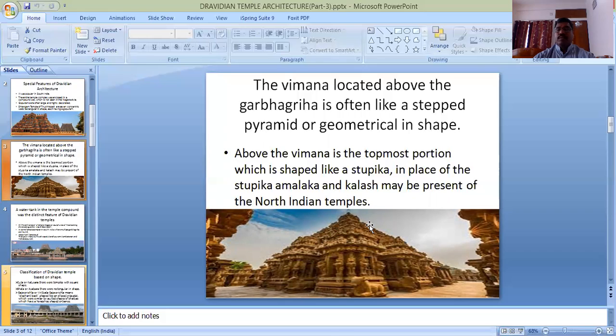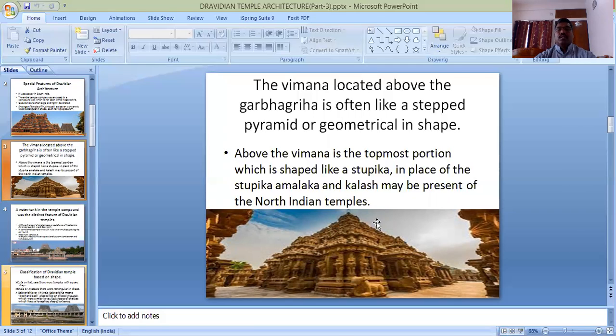That is the special feature of the Dravidian temple architecture: the pyramidical structure of the Vimana and the geometrical shape.